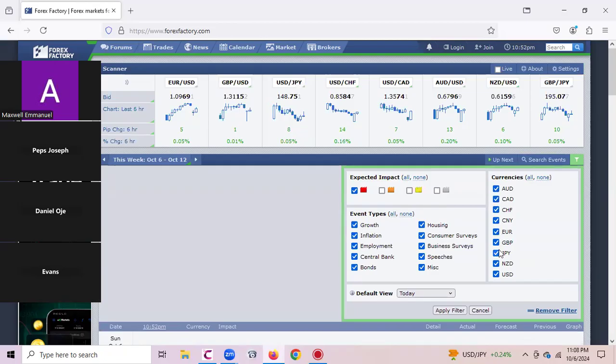Like this CNY, I don't trade it, so I can just remove CNY and focus on the major currency pairs. Event types also, I can decide all I'm interested in is CPI and all that, and just remove all the other news events.